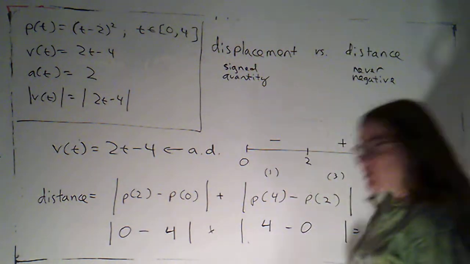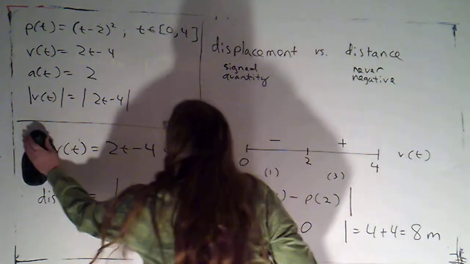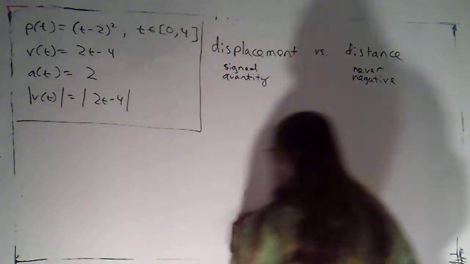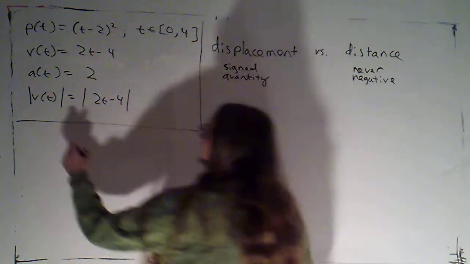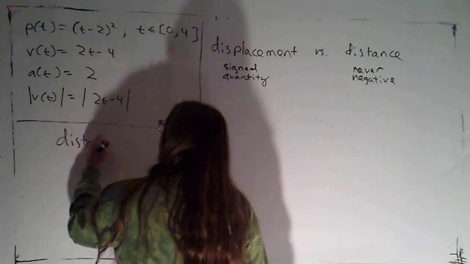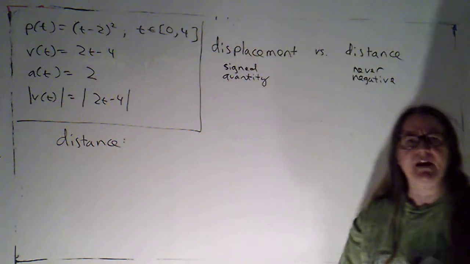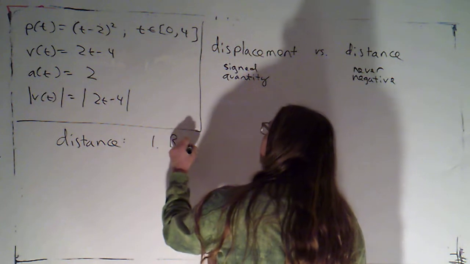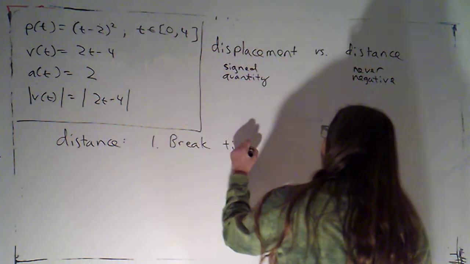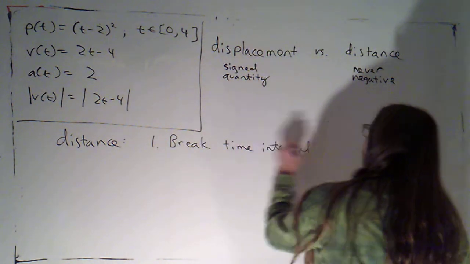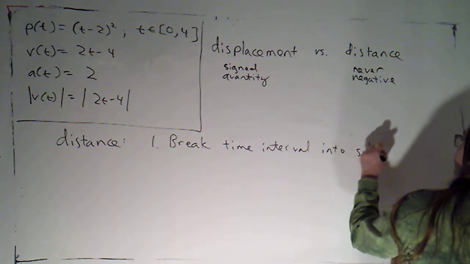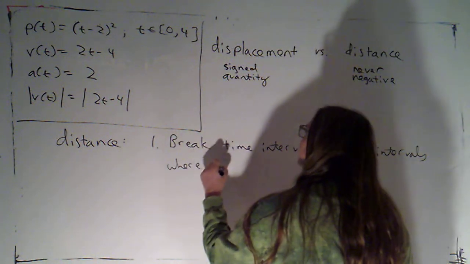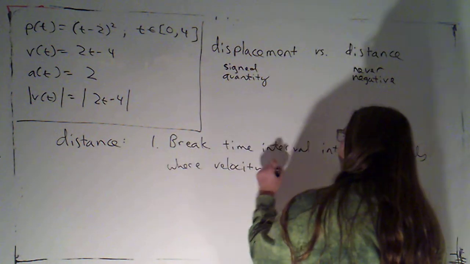So let's just write out our description of the distance. For distance, instead of just writing a definition of it, I'm going to write out the process by which we find it. First of all, break the time interval into subintervals where the velocity does not change sign.